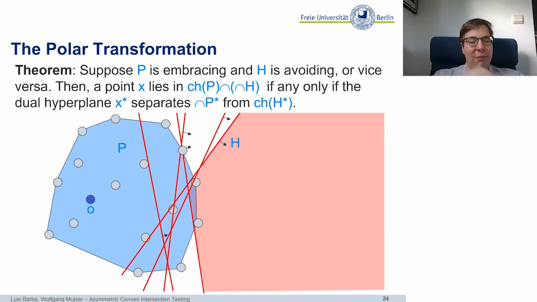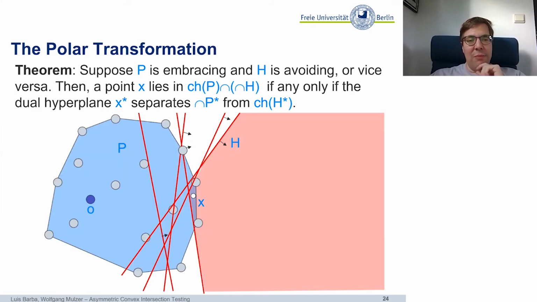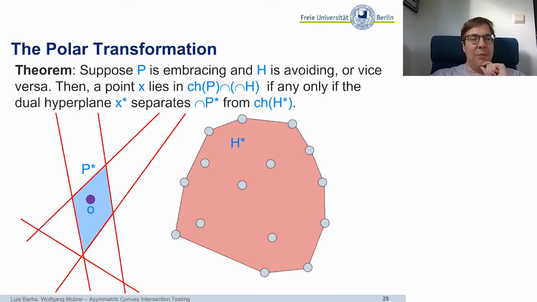Changing the two directions is a bit subtle because of the way the polarity transformation works, and therefore we need these somewhat subtle definitions of embracing and avoiding. But here's the picture. Here the H and V polytope intersect, and here's a point in the intersection, and if we polarize, then this intersection becomes a separation in the hyperplane.